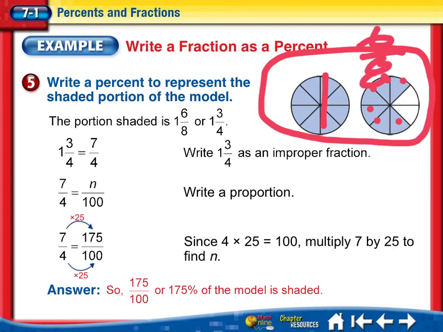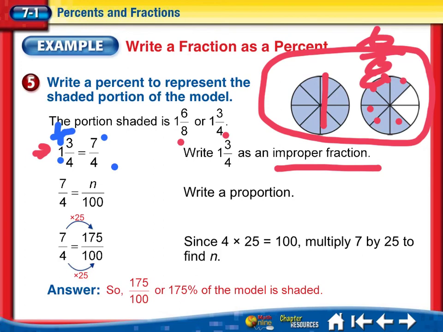Okay? So 1 and 6/8 we know is simplified to 1 and 3/4. So let's come over here to 1 and 3/4. We need to turn this into an improper fraction. In order to do that, we multiply 4 times 1 plus 3, which gives us 7/4.